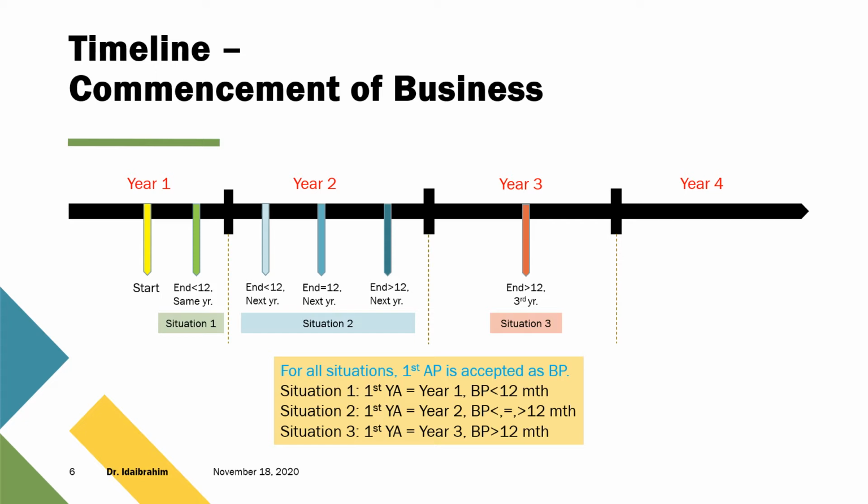It may close in the same year, which I refer to as situation 1, or they can close anywhere during the next year, which I refer to as situation 2, or they may have some problem and cannot manage to close in the next year, but only somewhere in the third year.